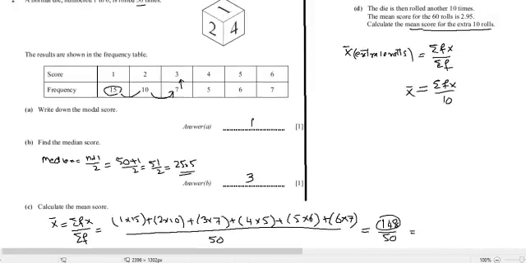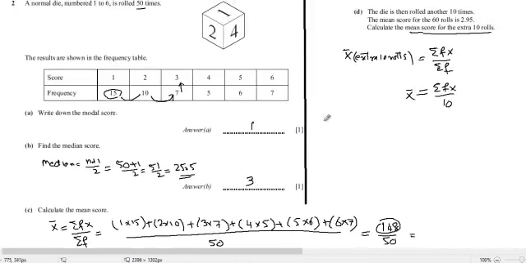So we will write it here, summation f of x for 50 rolls is equal to 148. What is summation f of x for 60 rolls?